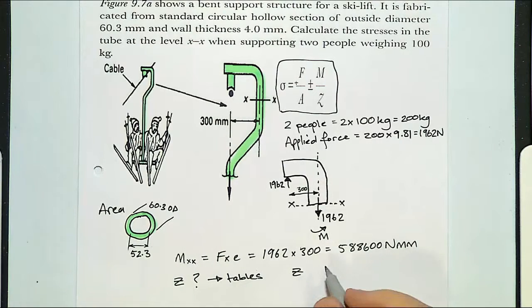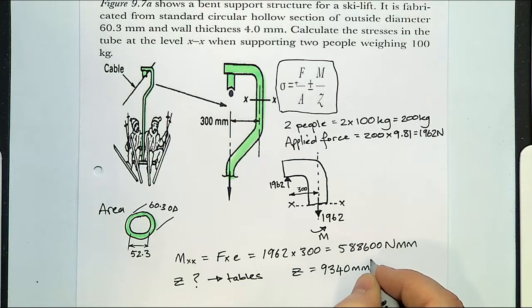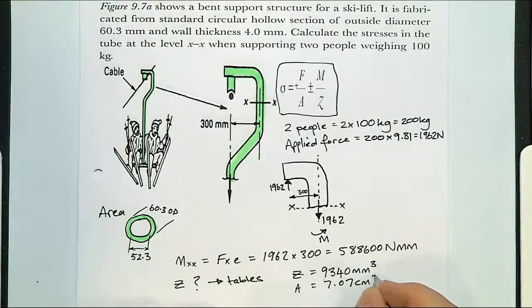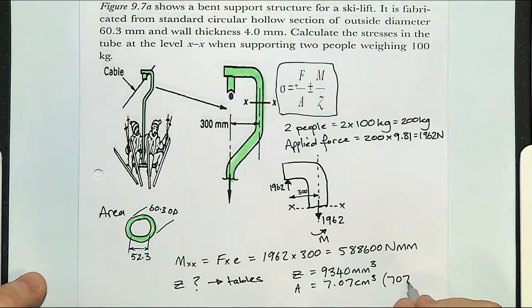From the table, our Z is 9340 millimeter cubed. You haven't got a table for this, but if you had to do an example for a hollow tube, then you'd be given a table. The area from the same table, or if you work it out, should be 7.07 centimeters or 707.